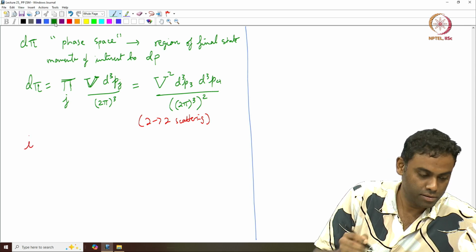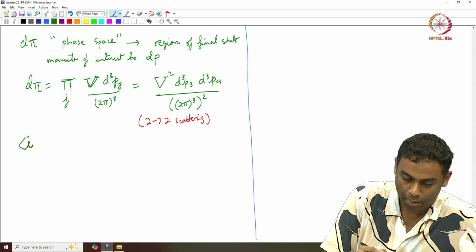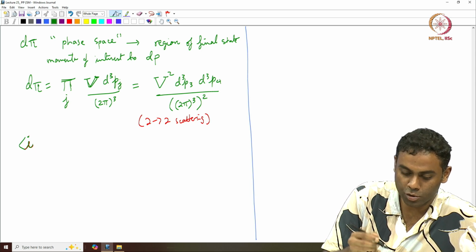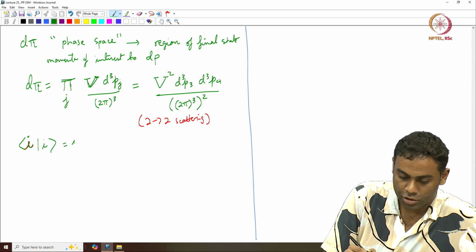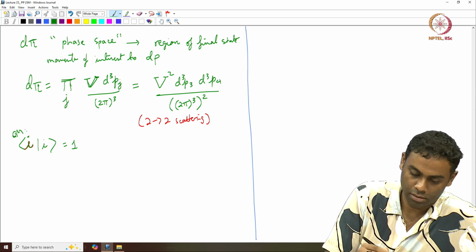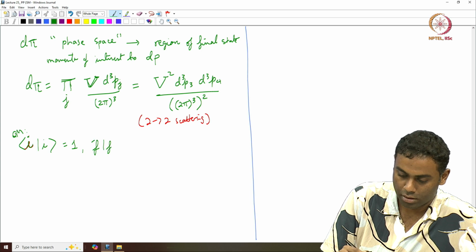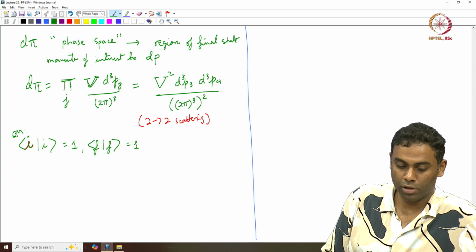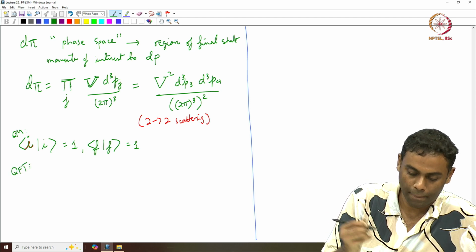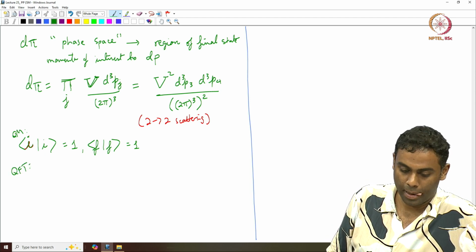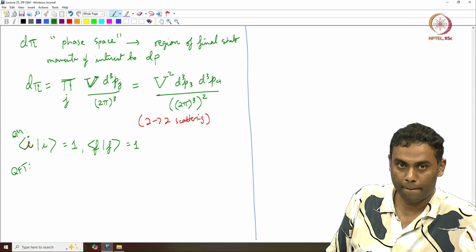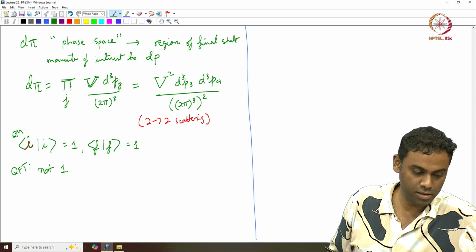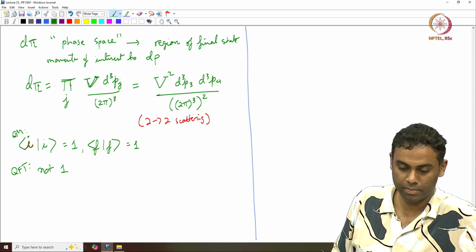In quantum mechanics, if this had been just quantum mechanics, this would have been 1 and this would have been 1, right? But we are not in quantum mechanics, we are in quantum field theory, correct? So here it's not 1. Let me just write first. It's not 1, we have to actually calculate what that is.